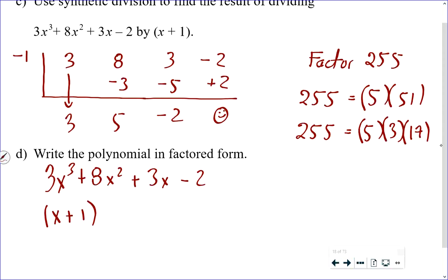And that's going to be 3x squared plus 5x minus 2. Correct? Just like if I said 5 was a factor of 255, you'd divide it to find out the other factor, and then you would continue the factoring process. And what we've done now is extracted this linear factor of x plus 1 out of a cubic polynomial, so the other factor is quadratic, and we can do that. We know how to do that.